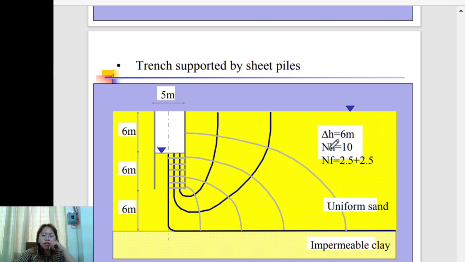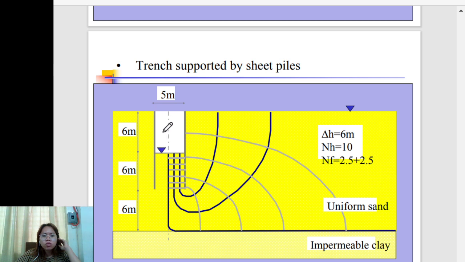And the flow line, the number of flow nets or flow lines is 2.5 plus 2.5, times 2 because this is 1, 2, and a half, no?